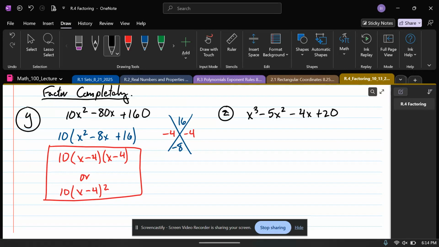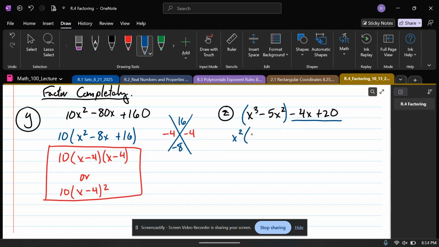That's good news. Is there a GCF? No. So what do I do? Group. Because there's how many terms? 4 terms is grouping. So that's why we're grouping. First 2 together, second 2 together. What's the GCF of the first 2? x squared.